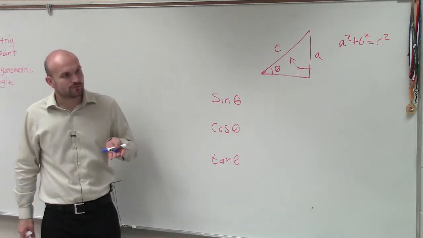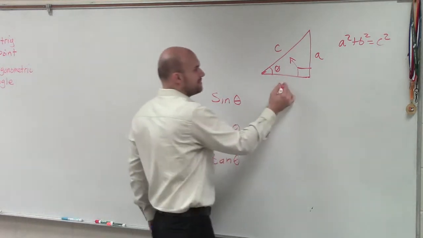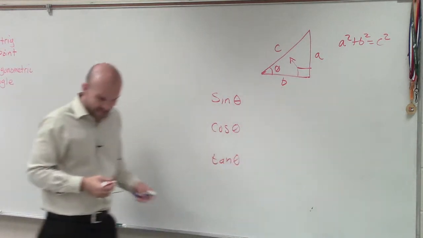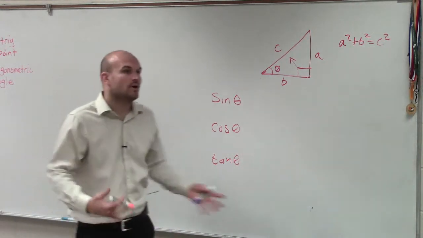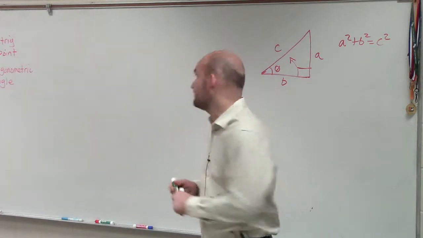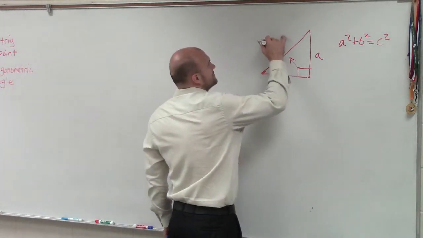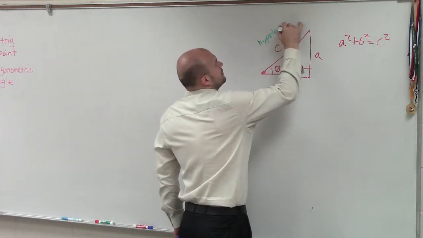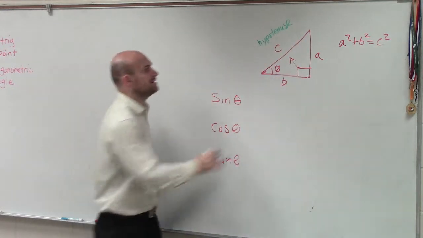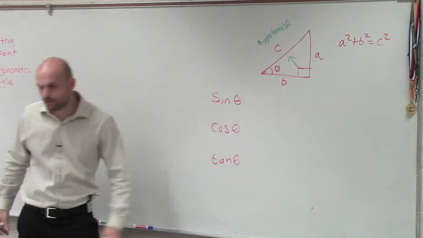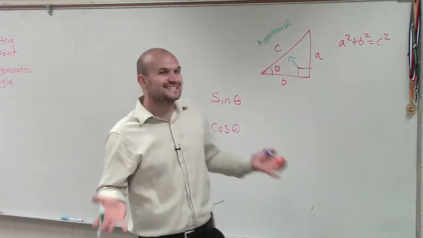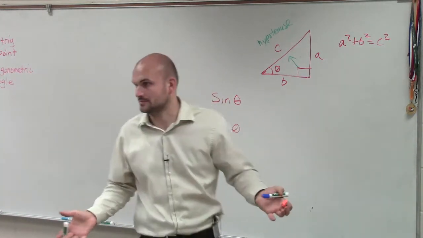And to represent their ratios, remember, I'm going to put that angle back in there. If we were given an angle, theta, the one side of a triangle that always remains constant is what we call the hypotenuse. What I like about the hypotenuse is that it is directly across from the 90-degree angle, and it's also the largest side of your triangle.